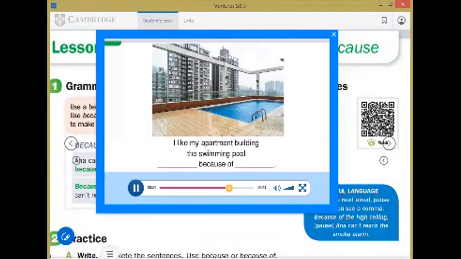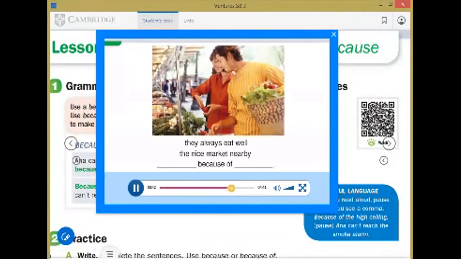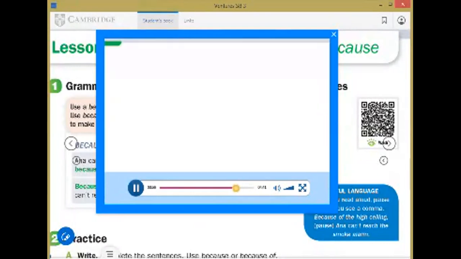I like my apartment building because of the swimming pool. They always eat well. The nice market nearby. They always eat well because of the nice market nearby. Because of plus noun. Let's review.